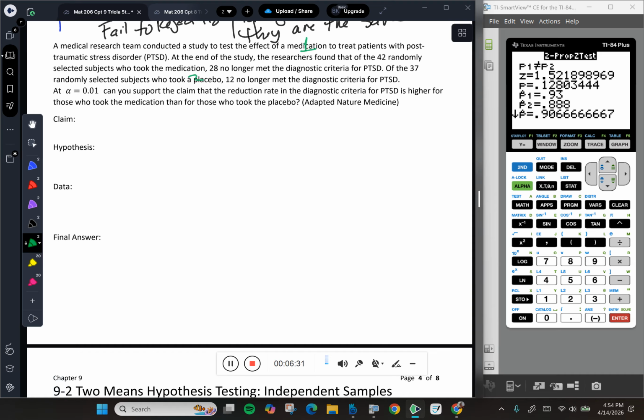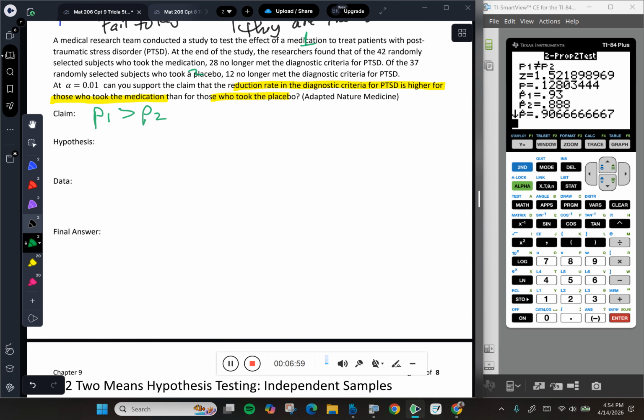Our claim is that the reduction rate is higher for those who took the meds than those who took the placebo. That is, the rate at which you are no longer diagnosed as PTSD is greater than p2. All right, let's make some hypotheses out of that.